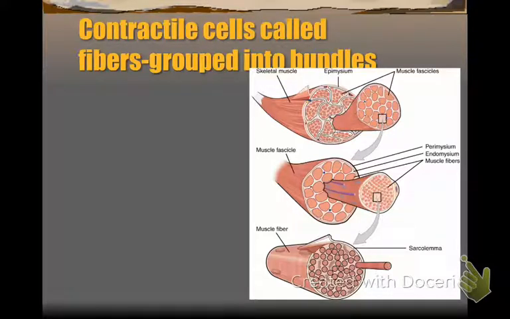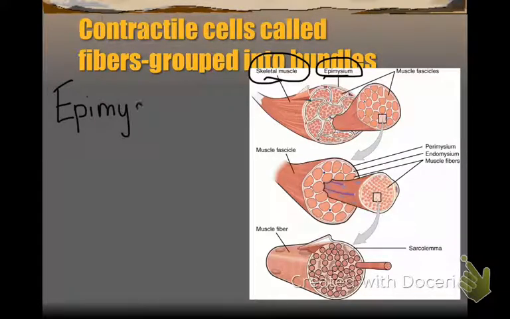So here we have a skeletal muscle, and I'll use black because I think it's going to stand out the best for those of you in the back. So here's a whole skeletal muscle, and it's wrapped with a membrane called the epimysium. Epi means on top of. It's the wrapping around the whole muscle. Within that muscle, can you see there are different bundles of individual muscle cells?